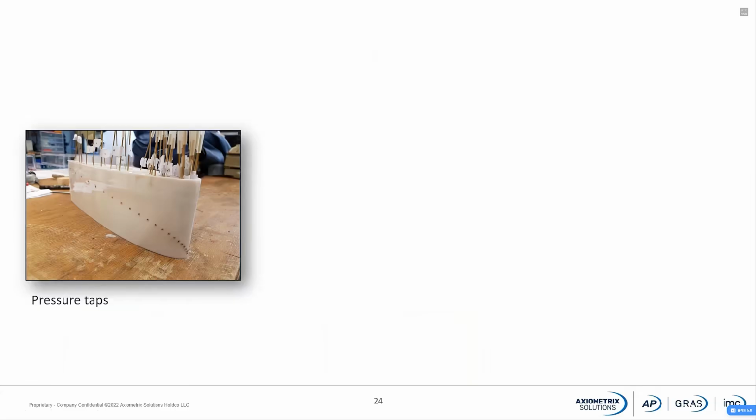So if we take a fuselage as an example, we can solve this with pressure taps, which means we have a tube connected with a longer tube that goes to a pressure sensor or a pressure scanner that can scan all the points and see what the pressure is at any time for this foil.